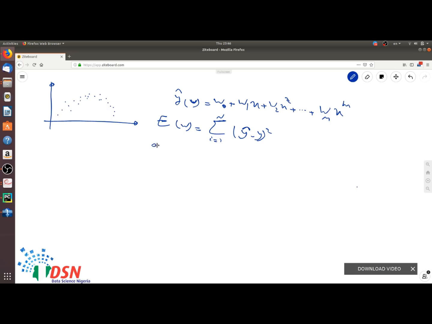In other words, we want to find w which minimizes the cost function. And the good news is that for minimizing this cost function, we have an analytical solution. And so I coded that in Python, and I want to show you as a practical example in Python.